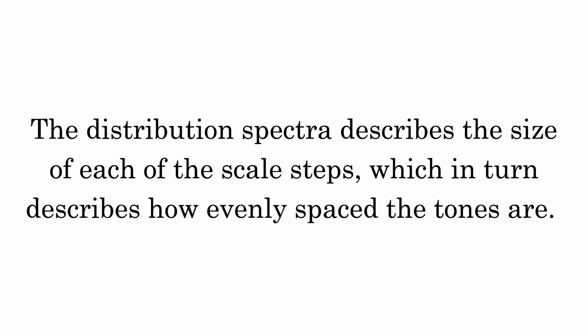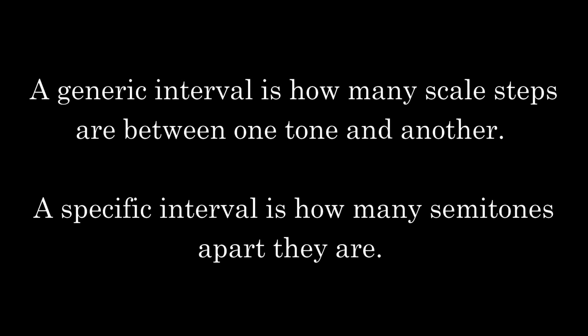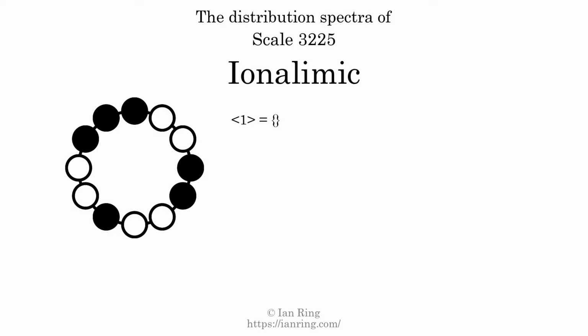The distribution spectra describes the size of each of the scale steps, which in turn describes how evenly spaced the tones are. A generic interval is how many scale steps are between one tone and another. A specific interval is how many semitones apart they are. The generic interval of one scale step comes in 2 different specific interval sizes: 1 semitone and 3 semitones.